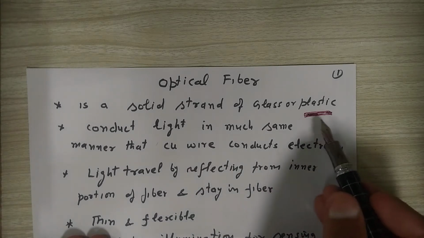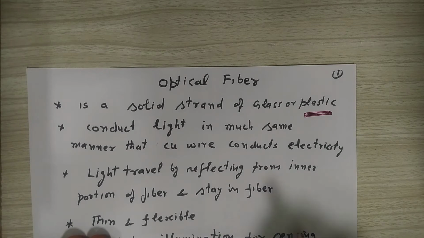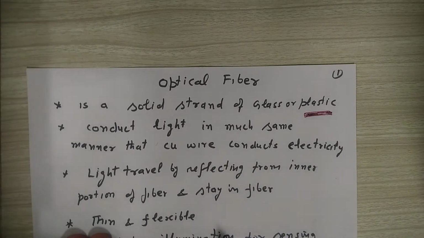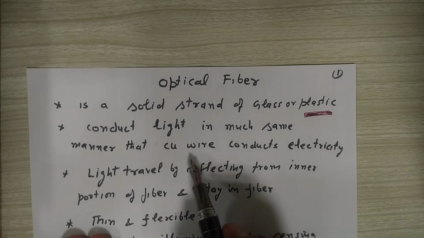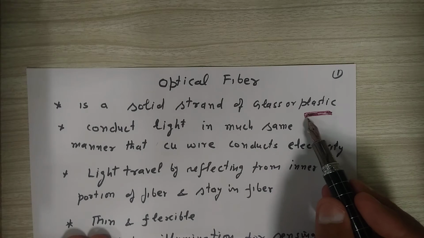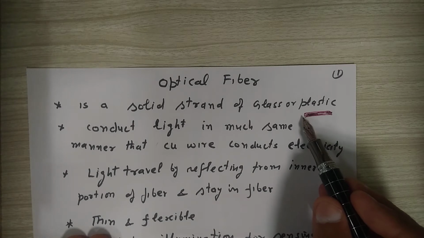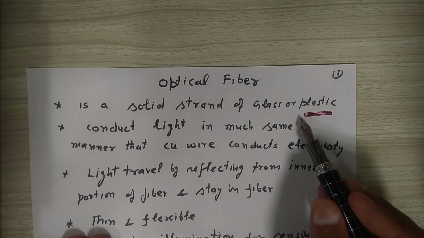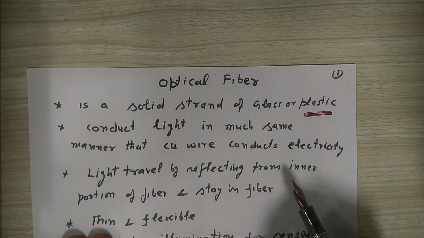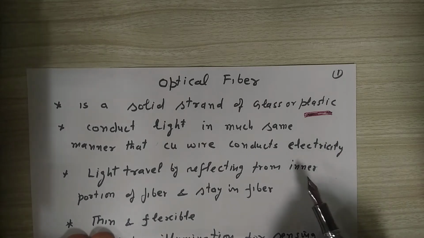So it will behave in a similar fashion, you can say, similar to the copper wire. Here, the light is propagating through the fiber, whereas if you are considering the conductor wire, in that case the current will flow through this conducting wire, or the electrons will drift through the wire.